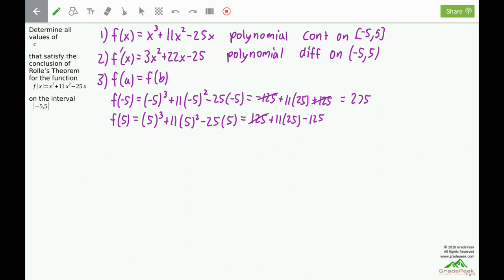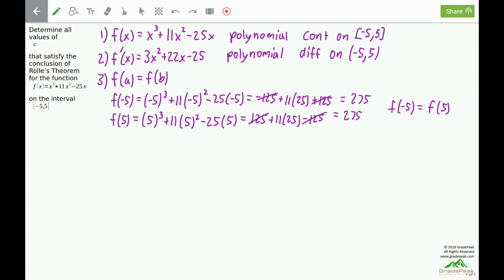The 125 and the negative 125 cancel. 11 times 25 is 275. They are the same value, so f of -5 does equal f of +5. So condition 3 is met.